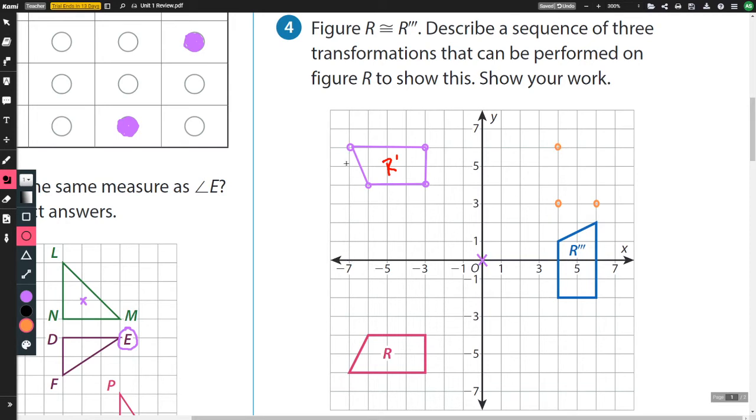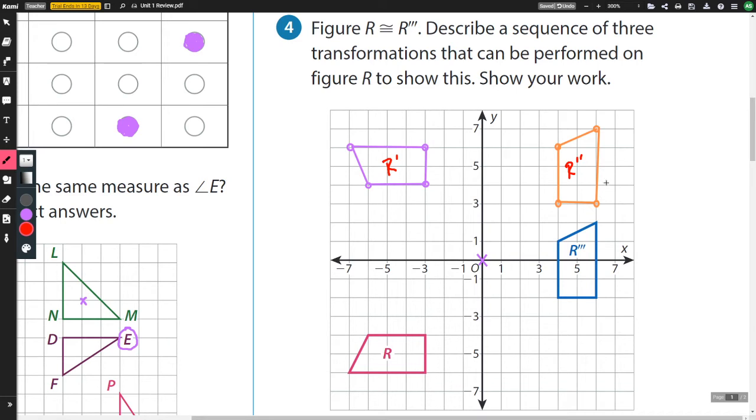Instead of 7 and 6, I'm going to do 6 and 7. Connecting my dots. Labeling this R prime prime because it's my second transformation.